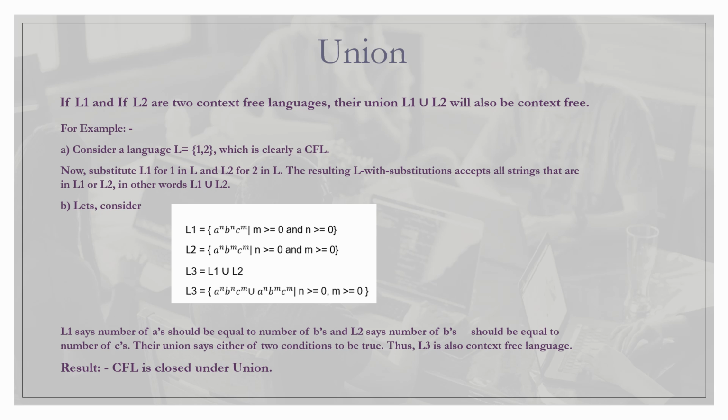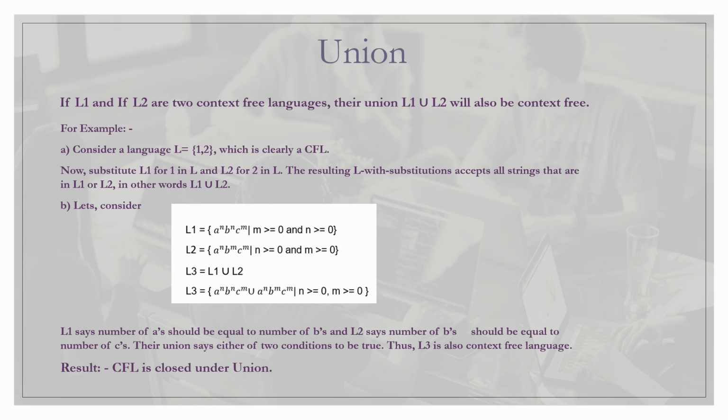Now, if we substitute L1 for 1 and L2 for 2 in L, then the resulting substitution, that is the union of L1 and L2, would represent L. Here we see L1 and L2 both belong to CFL, and the resultant, L, which we already took as our consideration, is a context-free language in itself.